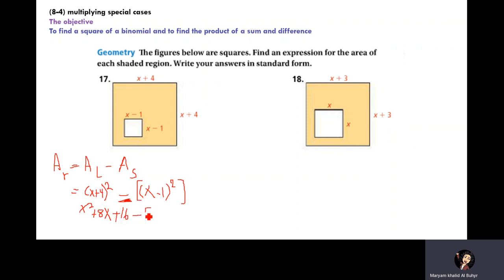Minus, what will I have here? I will keep my parentheses. Please be careful at this point. If you have something like that, it means the negative applies to all the terms inside. So x squared minus, because I have minus here, 2 times the first times the second, which will be 2x, plus 1 squared, which is 1.